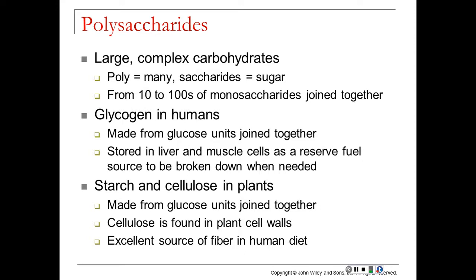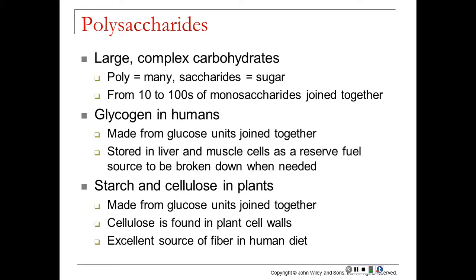Polysaccharides are large, complex carbohydrates, so they're made of many sugars. From tens to hundreds of monosaccharides can join together. An example in humans is glycogen. When your body's bringing in lots and lots of carbohydrate molecules and it doesn't know what to do with them because you're not exercising or you're not using all of that glucose, it's going to store it in a form called glycogen.